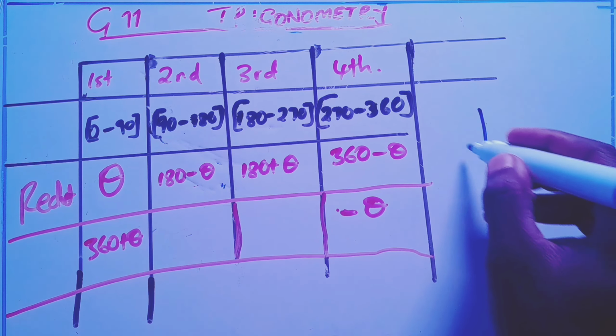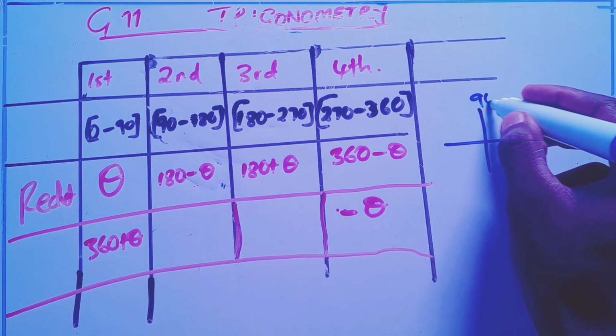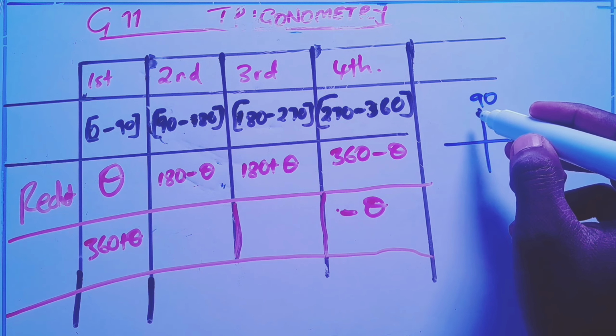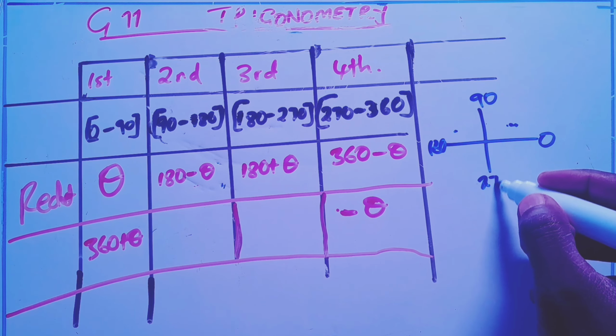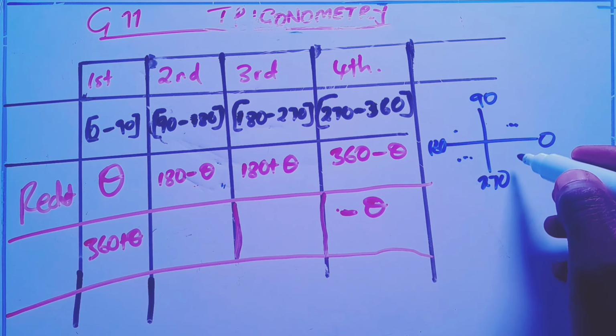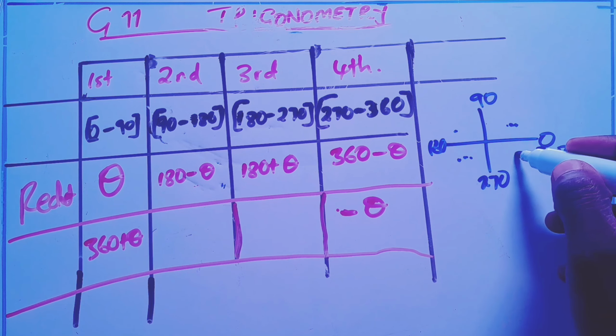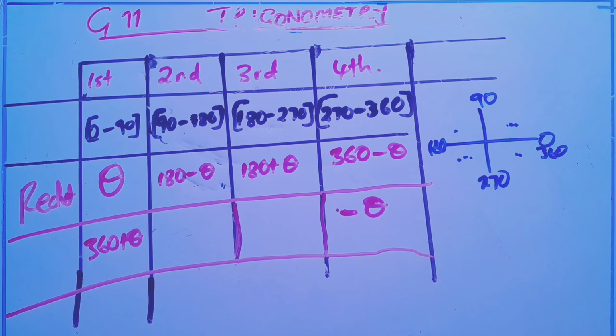What I'm trying to say is this, guys. So it's 0 to 90, this gives us the first quadrant. 90 to 180 gives us the second quadrant. And 180 to 270 gives us the third quadrant. And then 270 to 360 gives us the fourth quadrant, right?